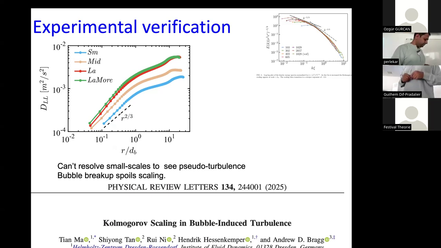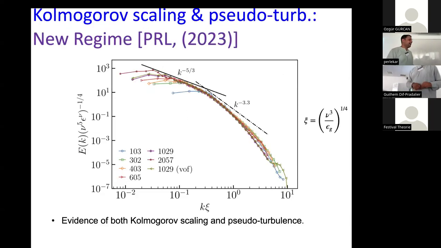What is the crossover scale, and what is your injection scale? Good point. At this point, the crossover scale is defined in an ad hoc way by something like a Kolmogorov scale, so you just say it's nu cubed over epsilon to the one-fourth.